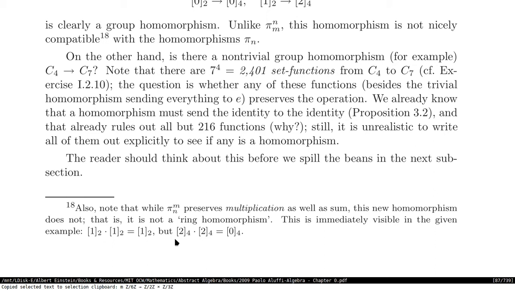Since C7 has prime order, the only subgroups are the two trivial ones, either the whole thing or just the identity. The image of C4 has got to be one of those two things. And the image of C4 cannot be the whole C7, right? C7 is bigger.